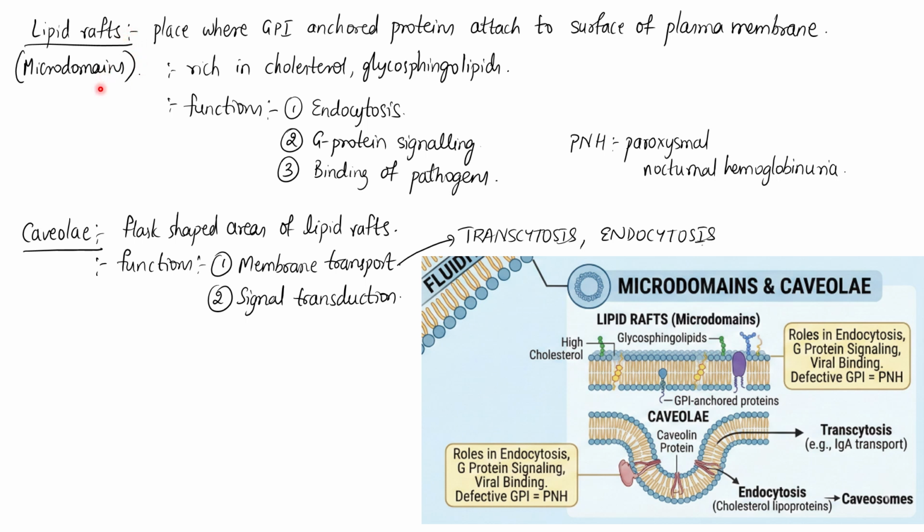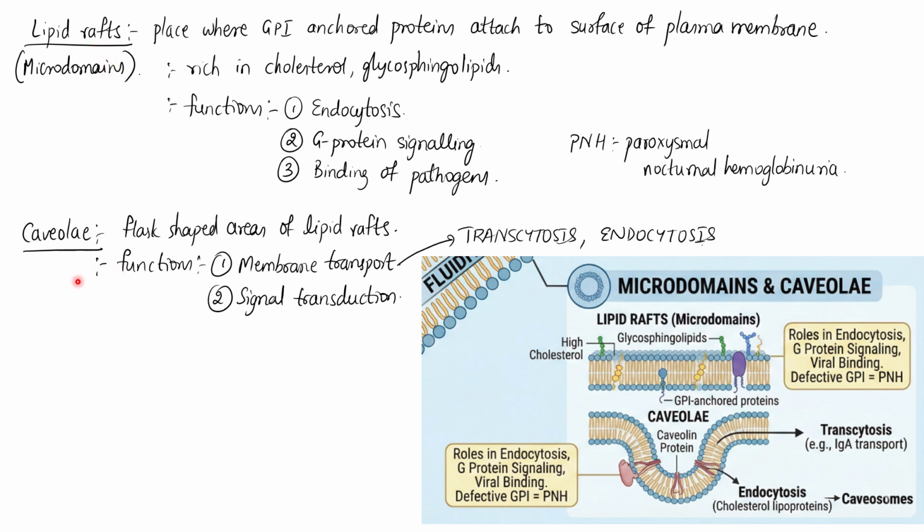Basically, these microdomain areas are rich in cholesterol and glycosphingolipids. And what are the functions of these lipid rafts? Endocytosis, G protein signaling, cell signaling, and binding of pathogens. And defective G protein signaling can result in paroxysmal nocturnal hemoglobinuria. That is about the microdomains or lipid rafts.